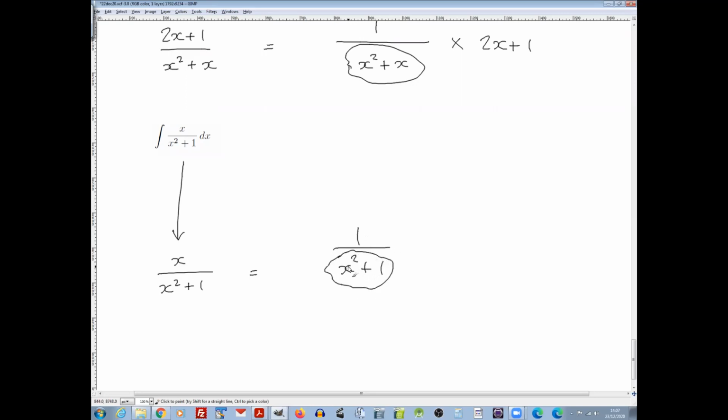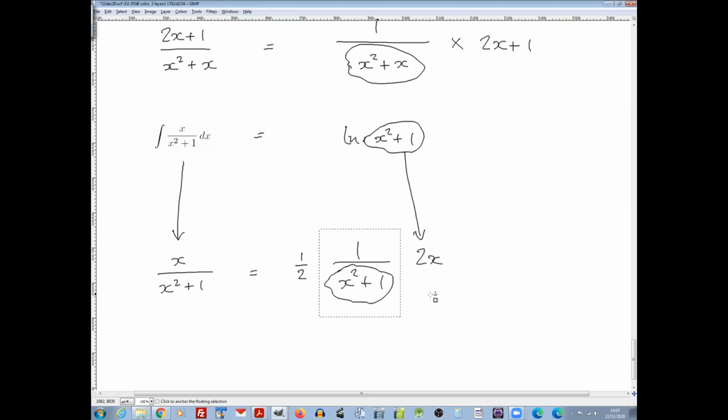And then you're going to get ln blob on the top, and then it's going to differentiate to 2x. Good. And then divide it by 2, or times that by half. Bit more like that, isn't it? Are we done? Times the top by half and plus C.